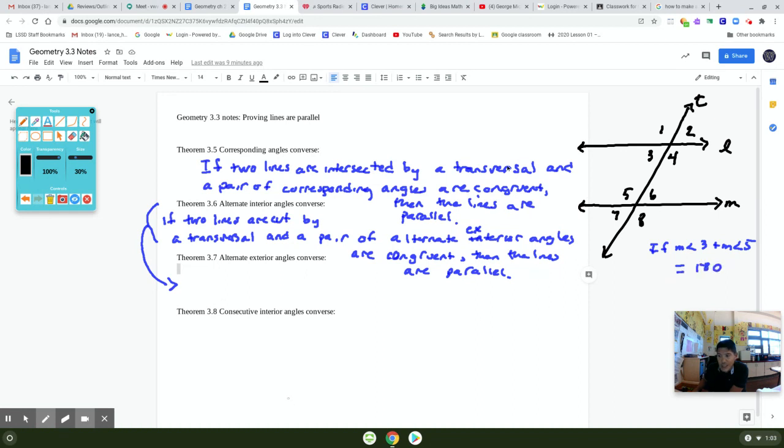So basically you could state the consecutive interior angles converse as such. If two lines are intersected by a transversal, and a pair of consecutive interior angles are supplementary, then the lines are parallel.